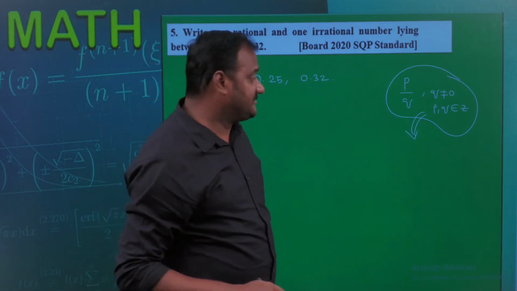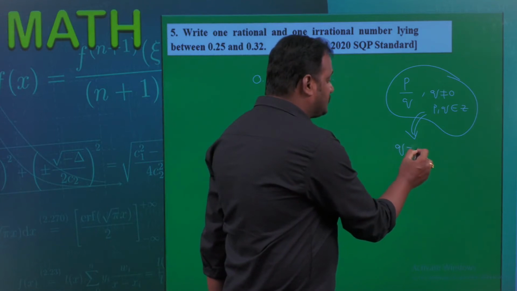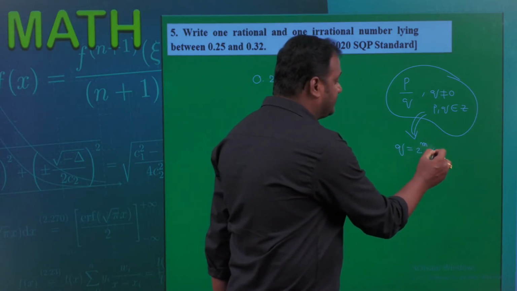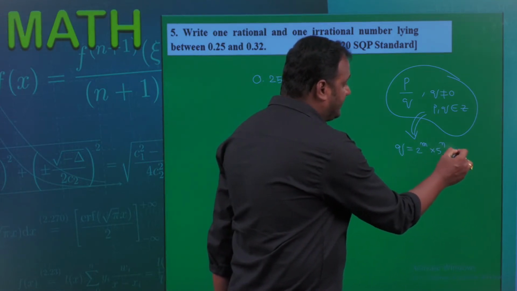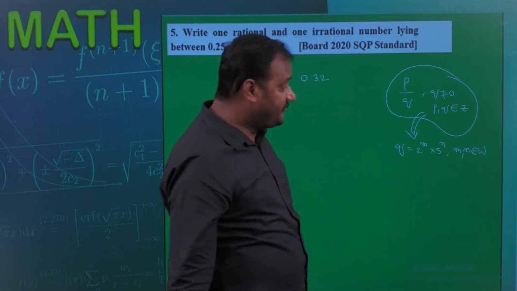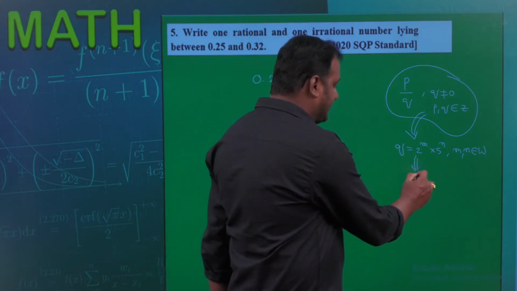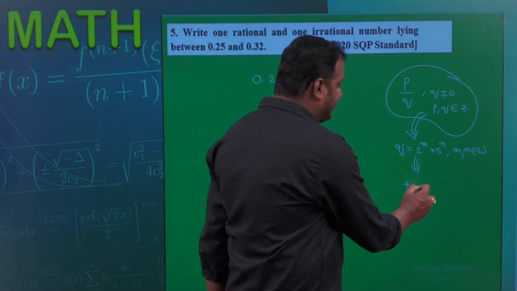And what kind of decimal expansion? If you can write that q as 2 to the power of m into 5 to the power of n, where m, n are whole numbers, if you can express the denominator like this, then these kinds of numbers are said to be terminating decimals.